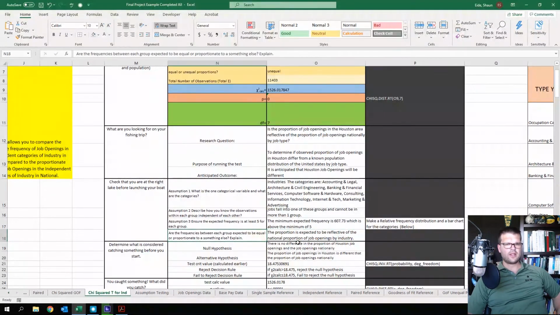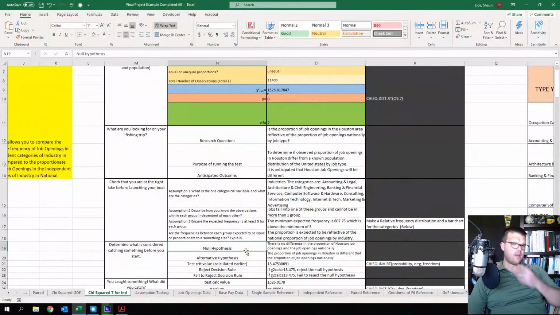And then right down here: are the frequencies between each group expected to be equal or proportionate to something else? If so, explain. Like we said earlier, we are expecting it to be reflective of the national proportions, so just put in there what distribution you're comparing it to.